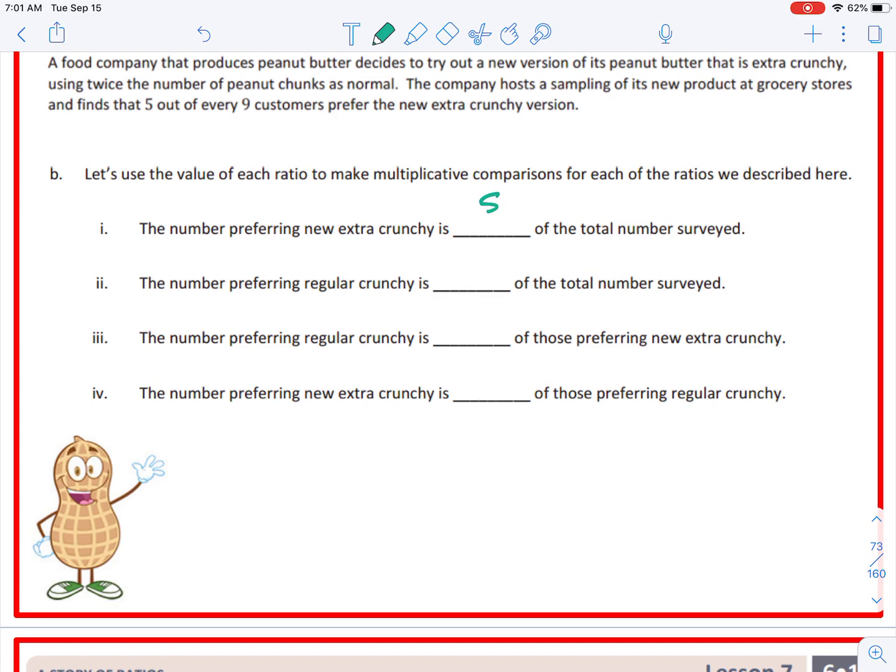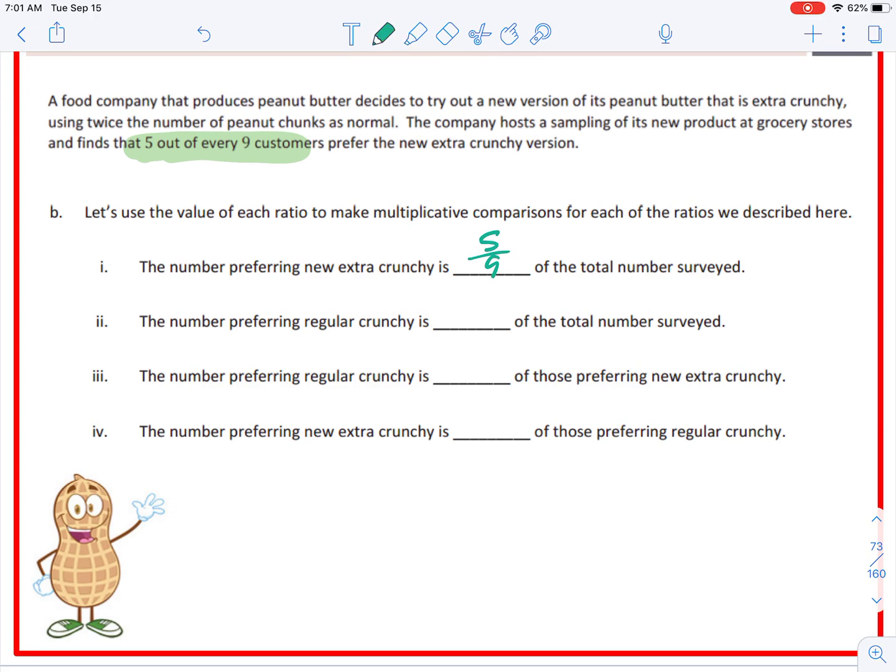We already know that is 5 to 9. That gives us that. They give it to us right there. Okay, number 2, the number preferring regular crunchy is 4 to 9 of the total, because regular is the other 4 of the 5 out of 9.